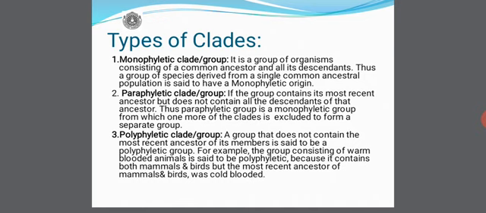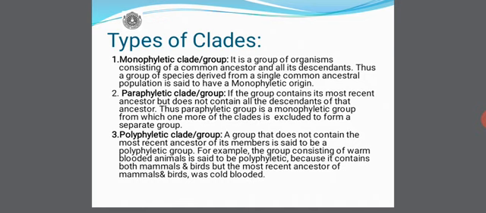Now the third type, polyphyletic clade or group. A group that does not contain the most recent ancestor of its members is said to be a polyphyletic group. So let me repeat. A polyphyletic clade is a group that does not contain the most recent ancestor of its members.